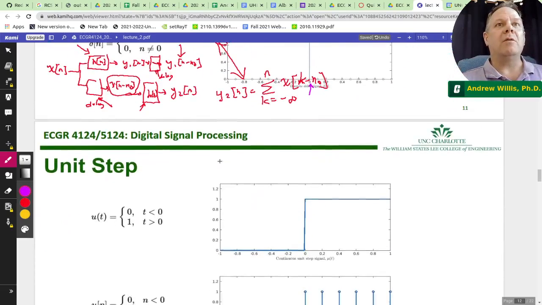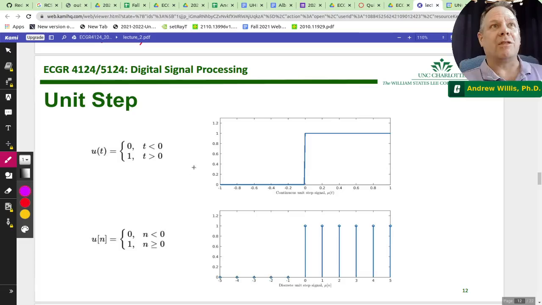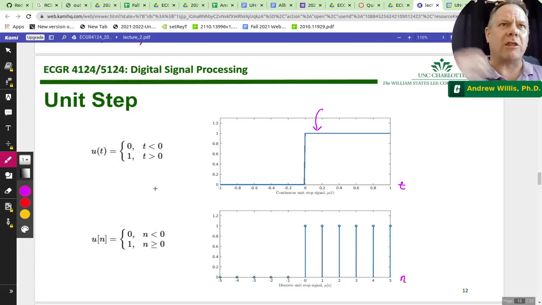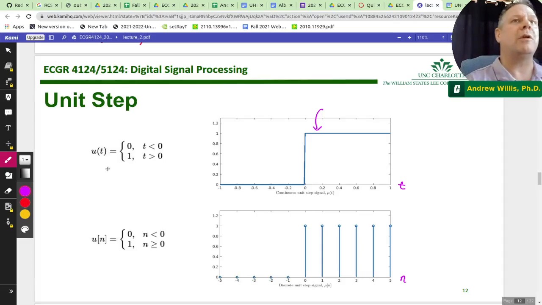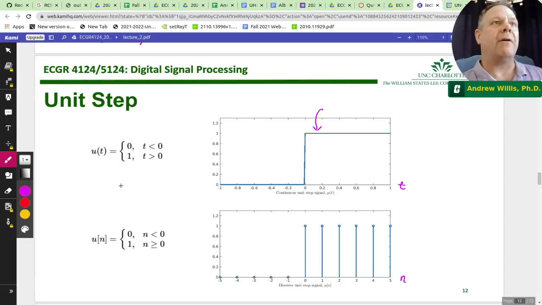So moving on, we'll go to the unit step function. This is the continuous version of the unit step function. Notice everything's connected for the t-axis, and here is the discrete axis. On the discrete axis, you can get these functions by just sampling the continuous function. Just to give you an example of how the sampling process would go, let's assume that we have a sample period T equal to 0.2.